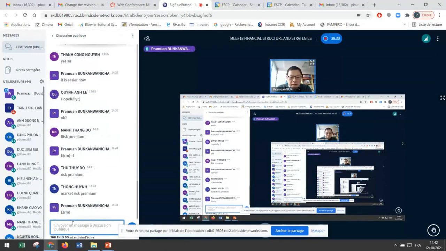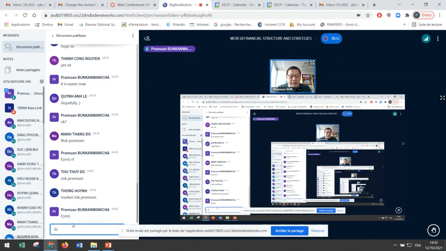Okay, the market's expected return. So once you have the market risk premium, you multiply by the beta, you're going to get what? Beta multiplied by ERM minus RF.